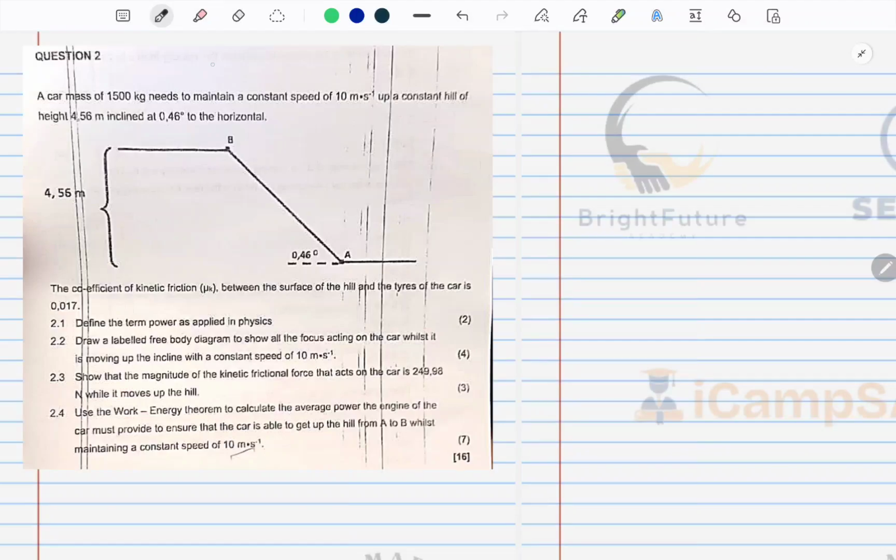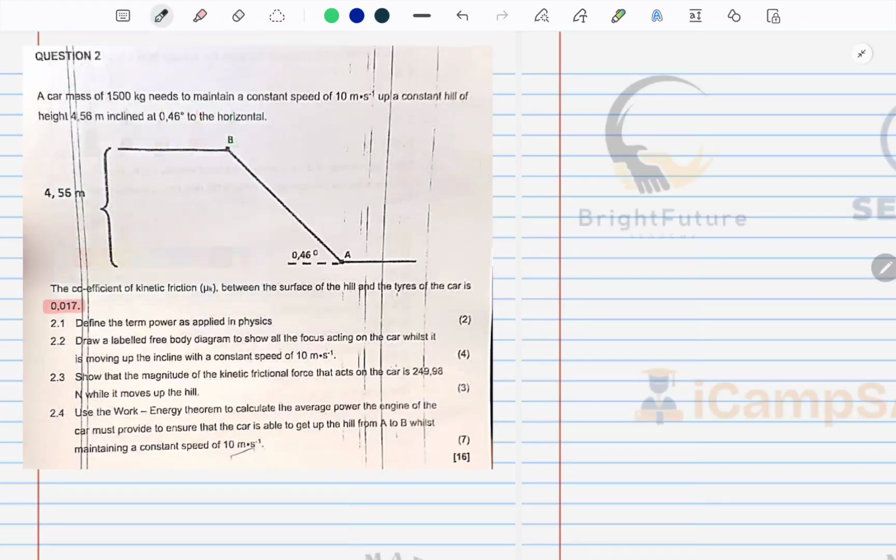Now they're saying the coefficient of kinetic friction between the surface of the hill and the tires of the car is 0.017, this one here, right?